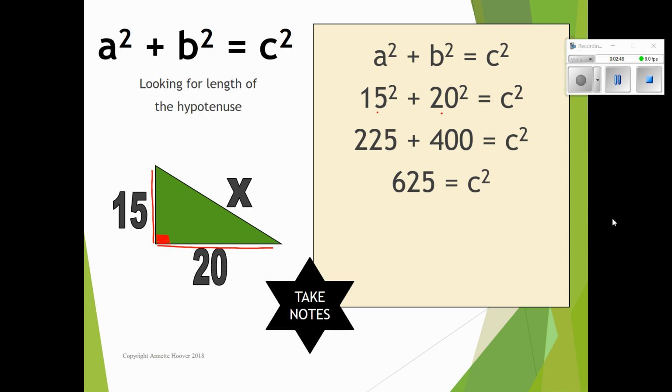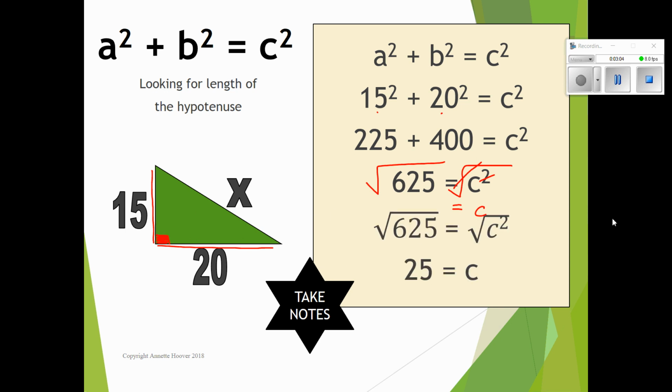So at this point, to solve, you're going to take the square root of both sides. When you take the square root of something squared, that just leaves it with c. So basically, to solve for c, you just have to take the square root of 625. And that is going to be 25. So we know the missing length over here is 25, and we don't know the units. So 25 units.